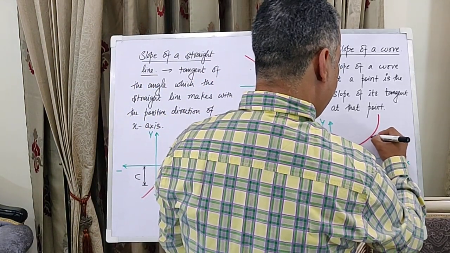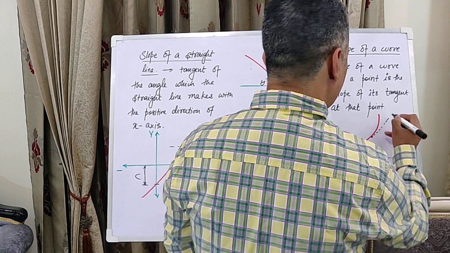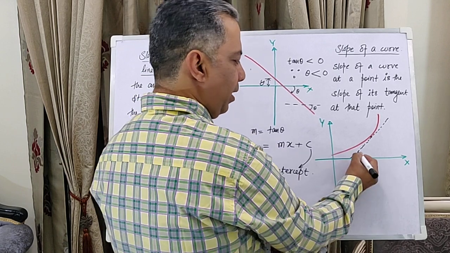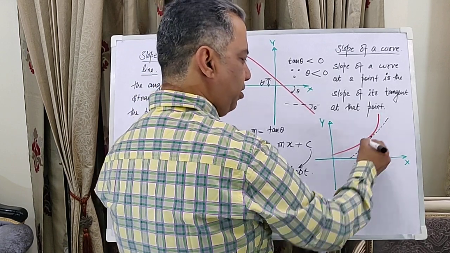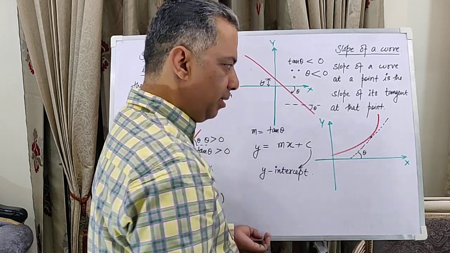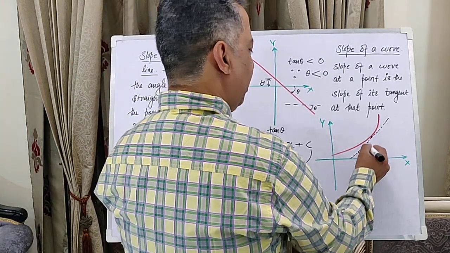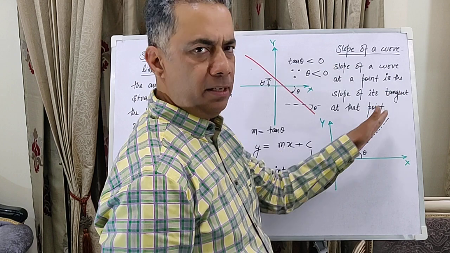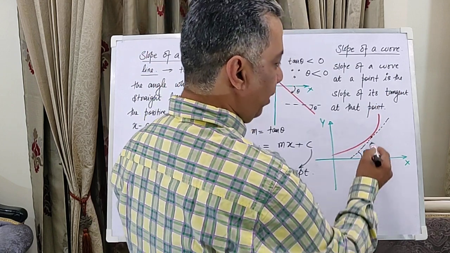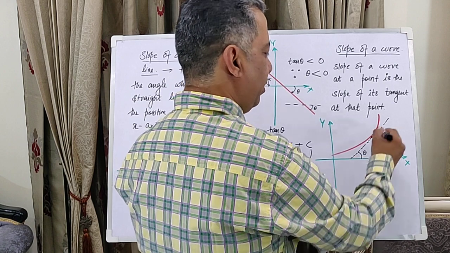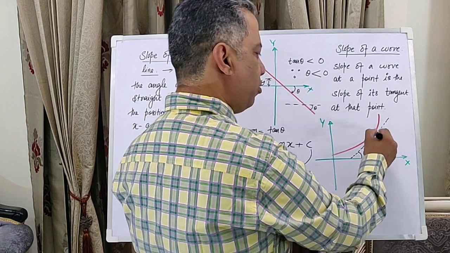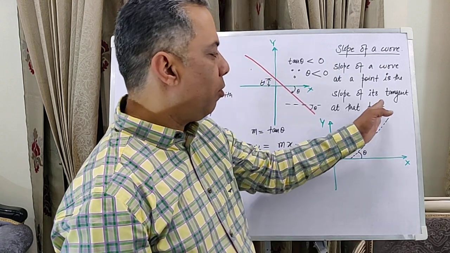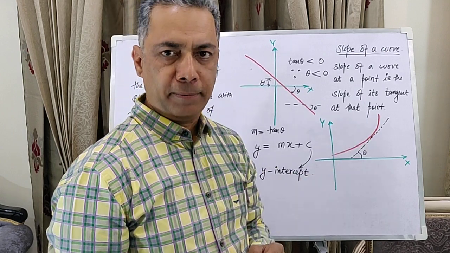Well, we draw a tangent at this point to this curve, and this tangent has a certain slope. Now how do we measure the slope of the tangent? The tangent is a straight line. This is the angle theta. So the slope of this straight line will be tan of this theta, which in this case you can easily notice is positive. So at this point, the slope of the tangent to the curve is tan theta, and that tan theta is also the slope of this curve at this point.